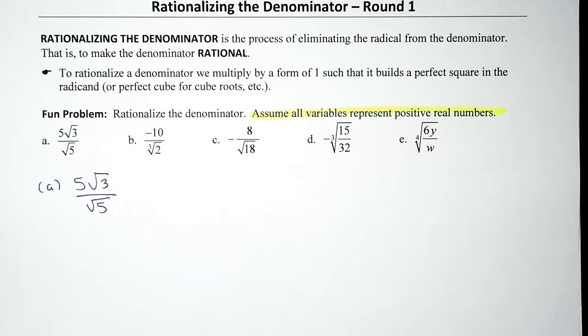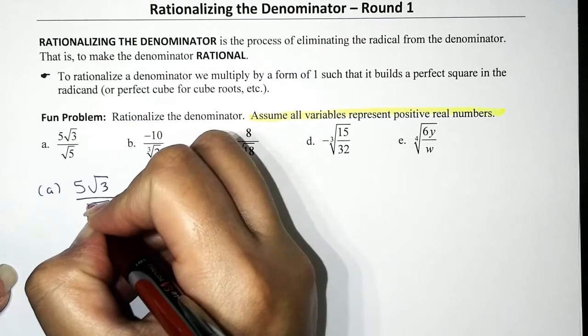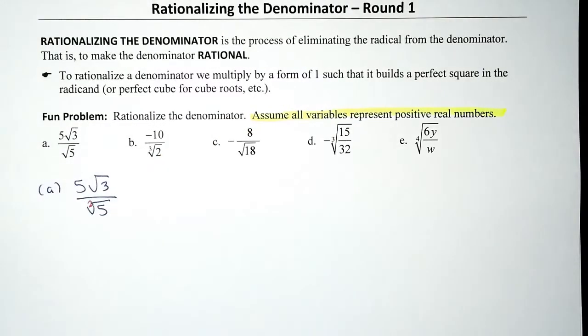I say perfect square in the event that we're working with square roots. If the index was 3, multiply top and bottom by an equivalent form of 1 so it makes the bottom a perfect cube. I don't know if I conveyed what I was trying to say, but I know that I will convey my message when we actually do the problem.